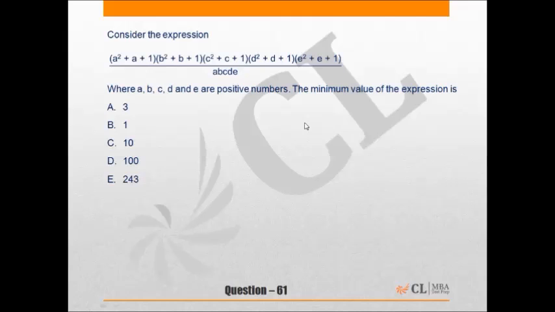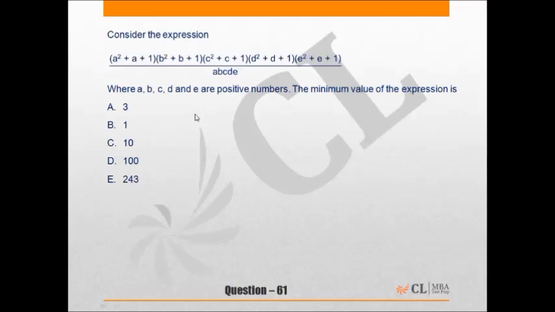We have to find the minimum possible value of the expression (a square plus a plus 1) into (b square plus b plus 1) and so on till (e square plus e plus 1) upon a, b, c, d and e, where a, b, c, d, e are positive numbers.